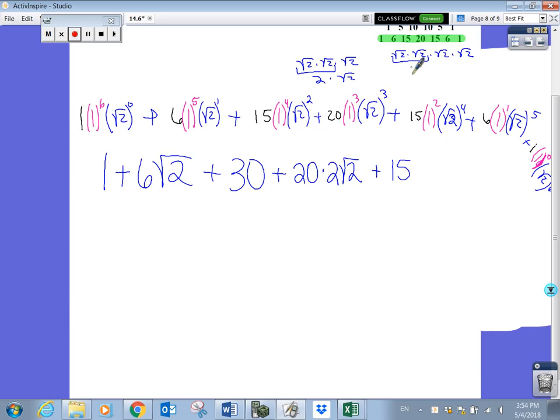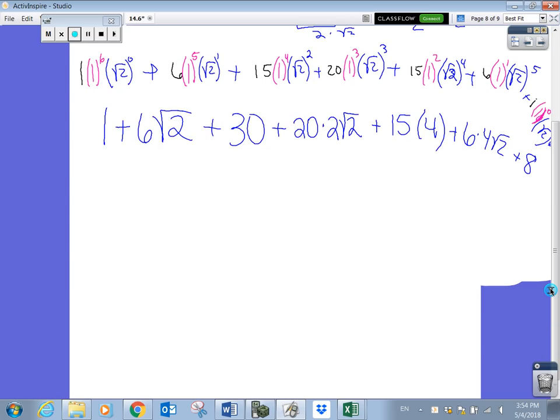Root 2 times root 2 is 2, root 2 times root 2 is 2, 2 times 2 is 4. So we have 15 times 4. Plus, then we have 6 times 4, we're adding another root 2, 4 root 2. And then we have 1 times 1 to the 0 times root 2 to the 6. So if we add another root 2, we end up with 8.